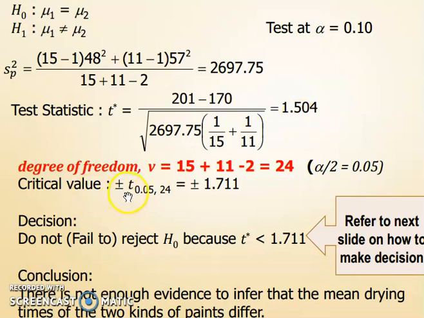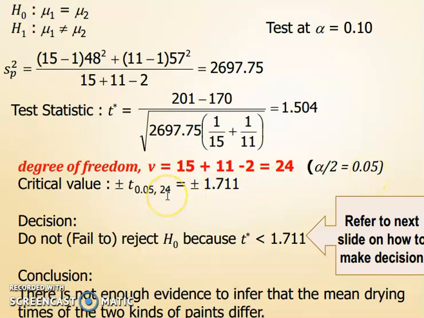Once you calculate the test statistic, which is 1.504, you need to find the critical value. Since this is using the t distribution, we need the degrees of freedom and also alpha. And here, for a two-tailed test, alpha over 2 is 0.10 divided by 2, which is going to be 0.05.